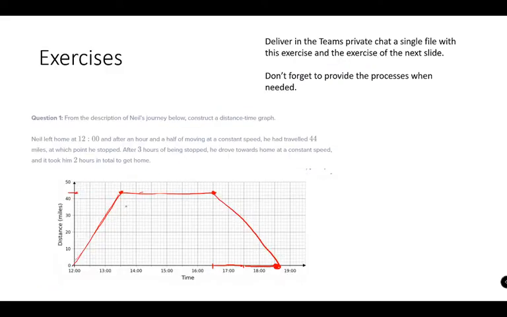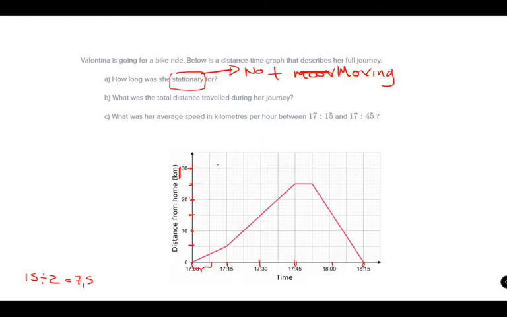Remember, a completely horizontal line means that the mobile is not moving. So the only part where she is stationary is this part, okay? How long? So during this period of time, from here to here. And remember, each of these units is 7.5 minutes. So she was not moving during 7.5 minutes.